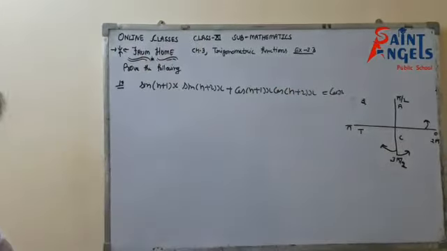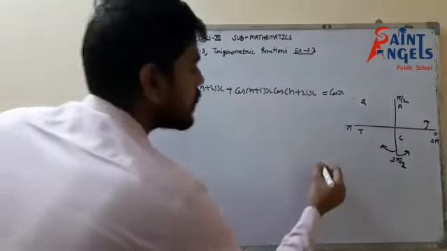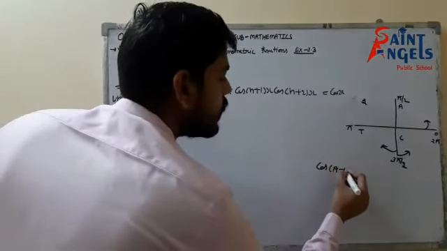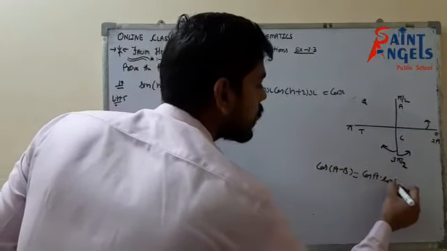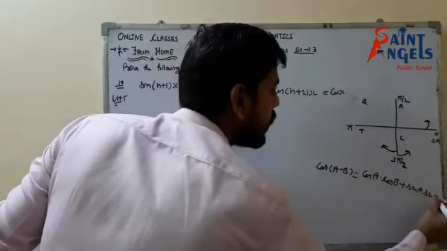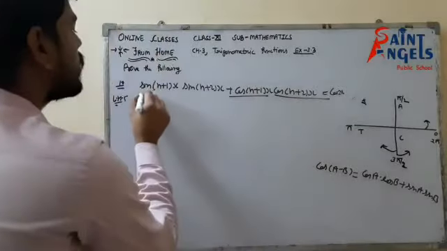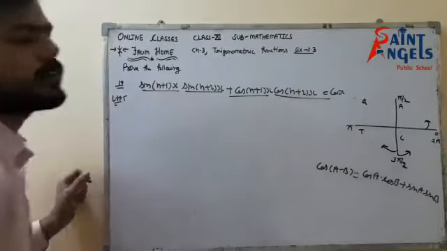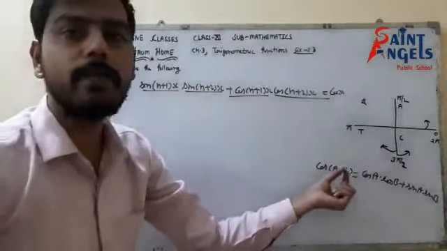Okay, beta, so I am taking LHS. First of all, we know that cos(a minus b) equals cos a cos b plus sin a sin b. This is the same formula, the formula of cos(a minus b).